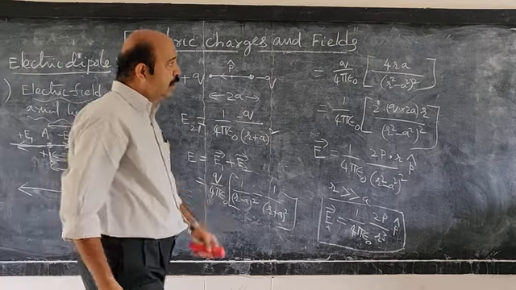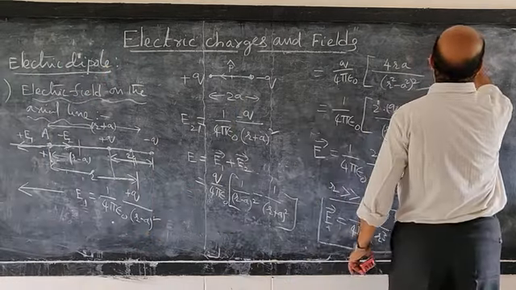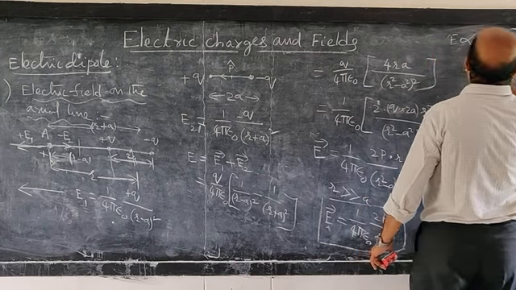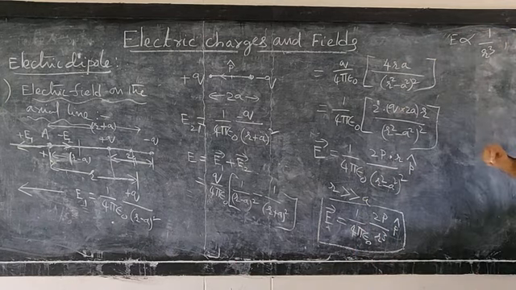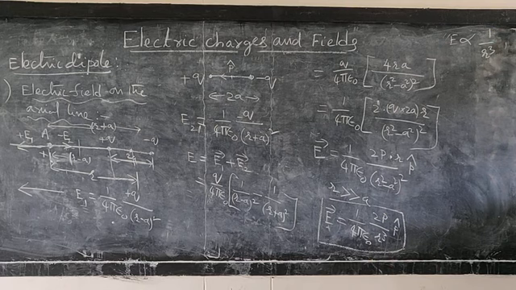You observe that electric field strength varies inversely with R cube, whereas in the case of a single charge it varies with 1 by R square. That means the field strength decreases at a greater rate due to a dipole than due to a single charge.